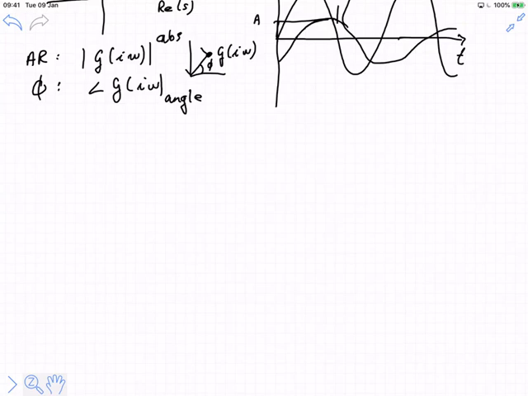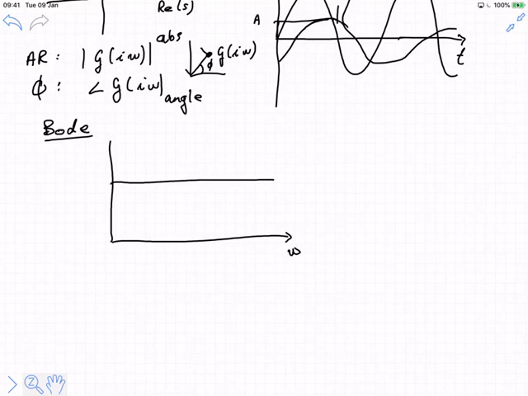So another set of important things to know is how we normally represent these things, right? So we have a couple of diagrams, and the most important one that we're going to be using a lot of the time is a representation of the frequency response called a Bode diagram, where I have the gain and angle of G on two separate graphs.